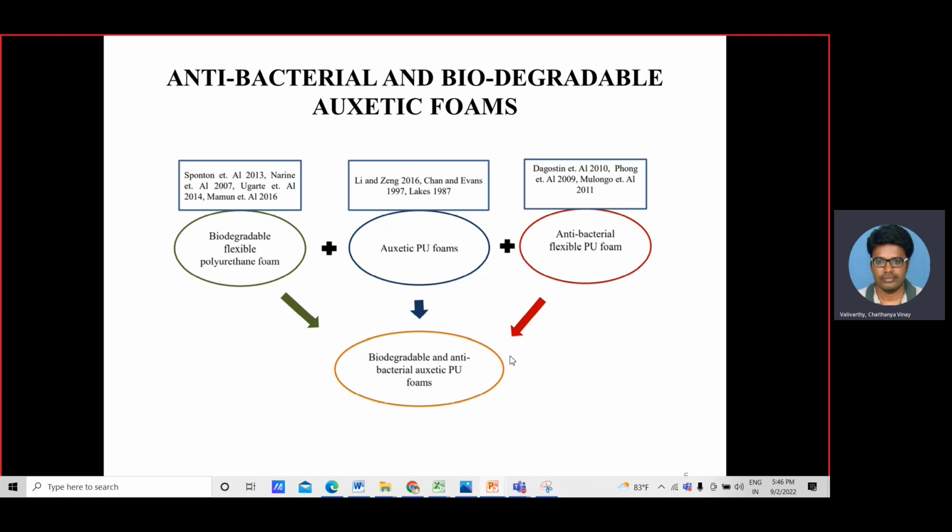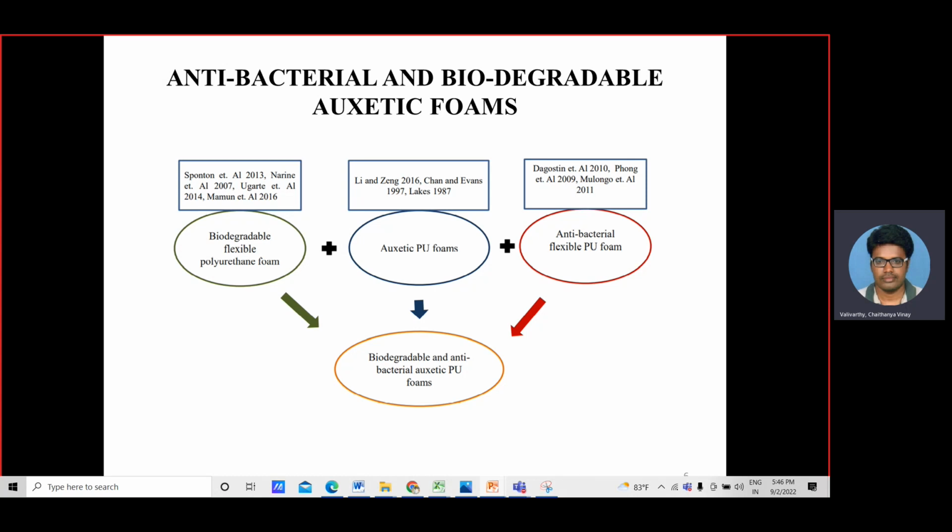Along with this, we are incorporating auxeticity, so that we are getting a single foam which has biodegradability, and we are very concerned about our environment. We are making the foams biodegradable, and also antibacterial by adding the silver nanoparticles.